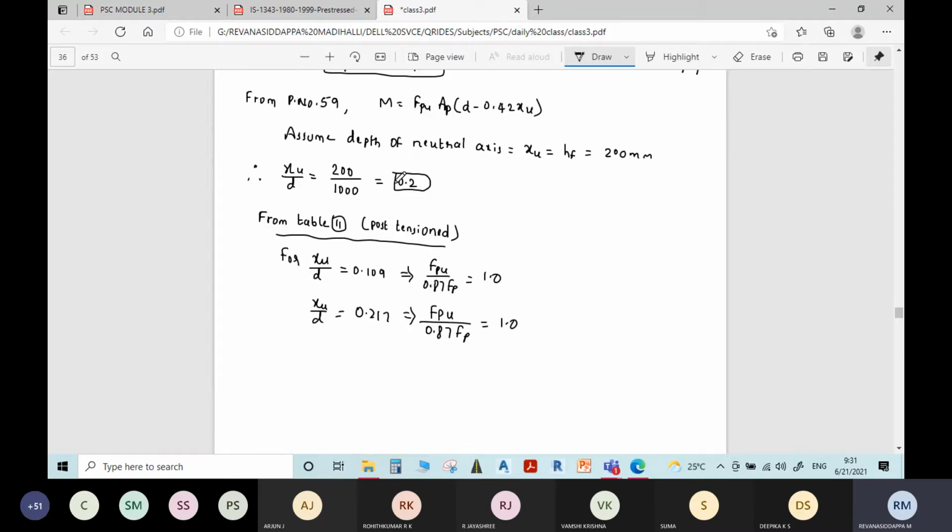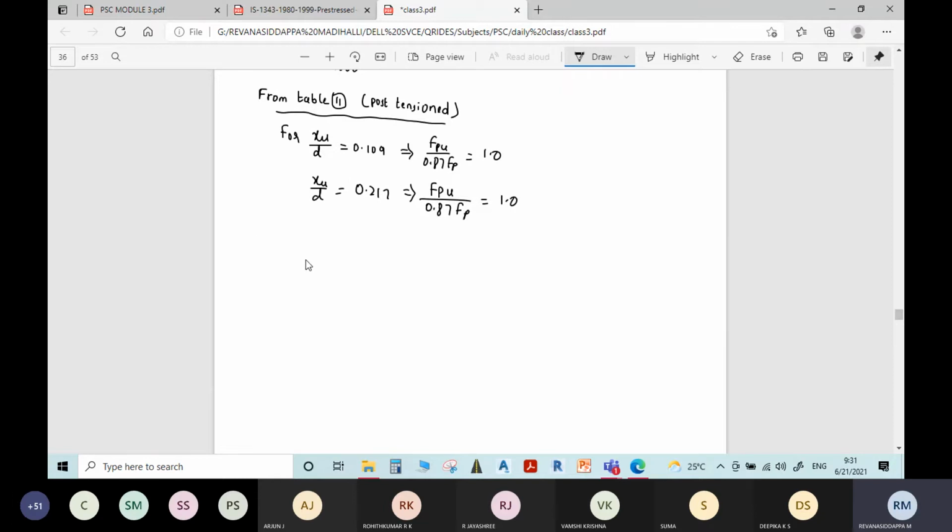Therefore for 0.2 also it will be 1 only. Therefore FPU is equal to 0.87 FP.